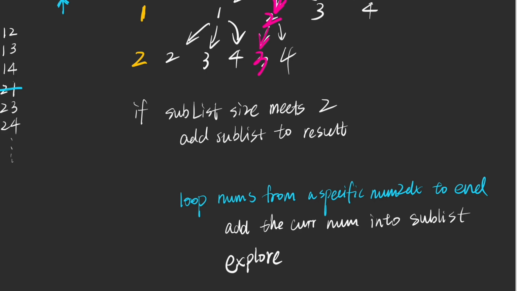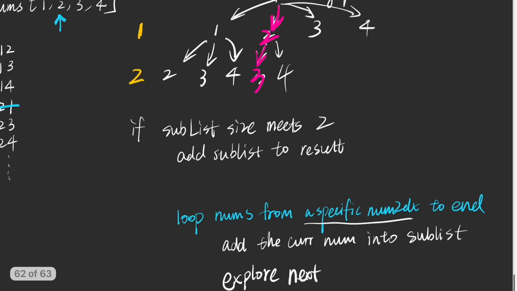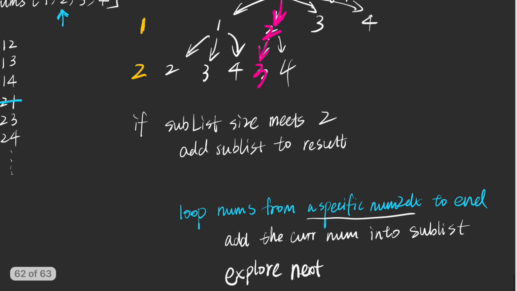I mean the next number. So now we can pass the next number index when we are calling the function explore, the next position in the sublist.